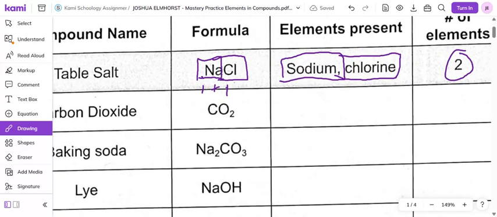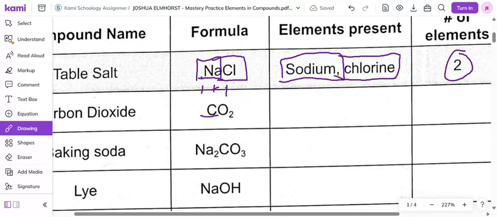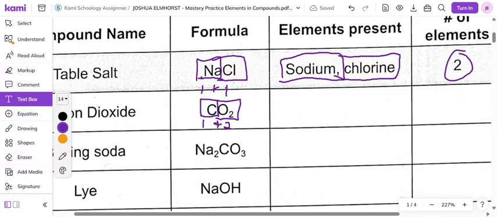All right, so looking at the next example, we have capital C, no lowercase, then we have capital O with the subscript. So there's 1 capital C, there's 1 atom, and then we're going to add that to 1 capital letter O, but there's a subscript of 2. So we're going to count with that subscript to see how many more we have. So I'm going to type this out.